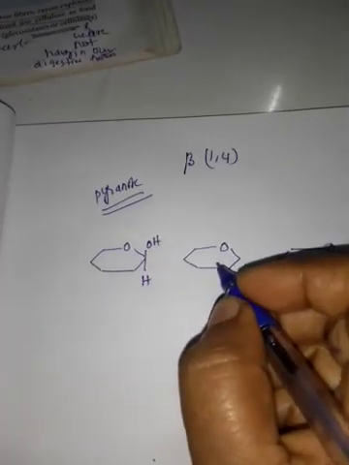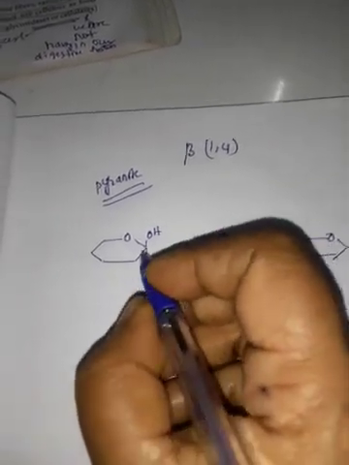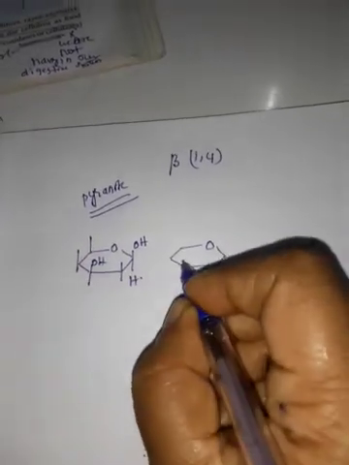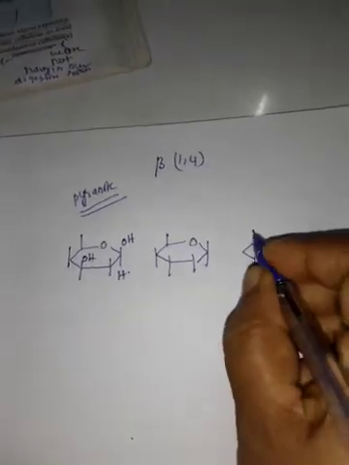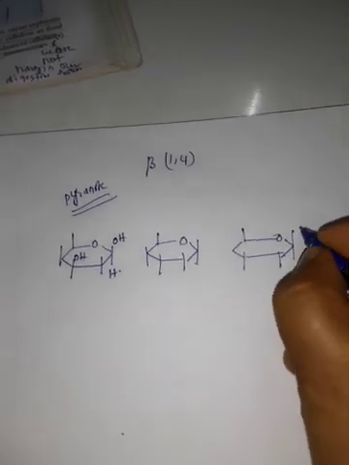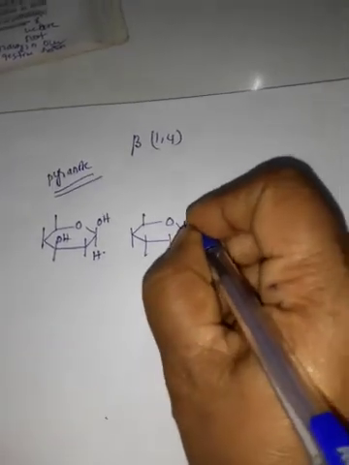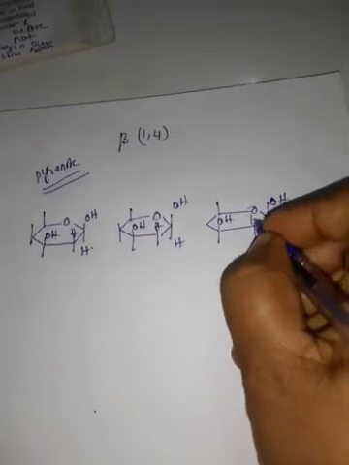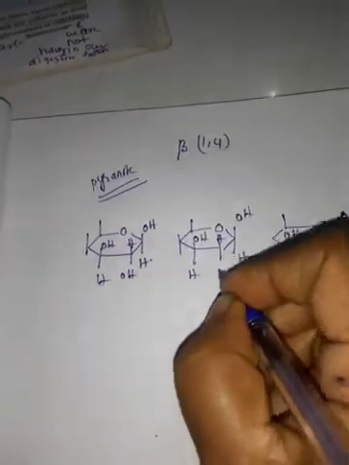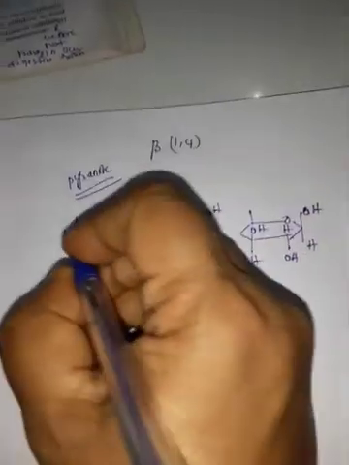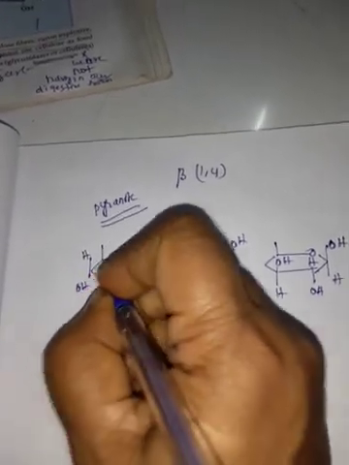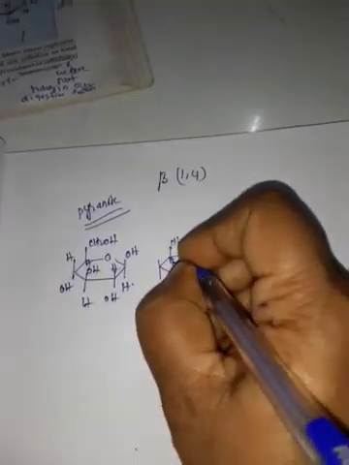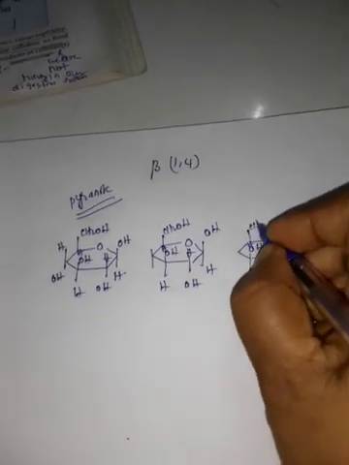That is the only difference in beta D glucose. Here the others are all the same. OH, H, OH, H, OH, H, then H, OH, H, OH, H, OH, and H CH2OH on each.